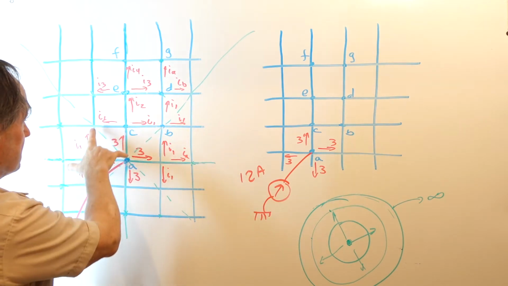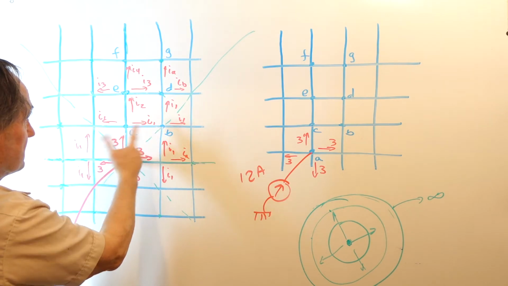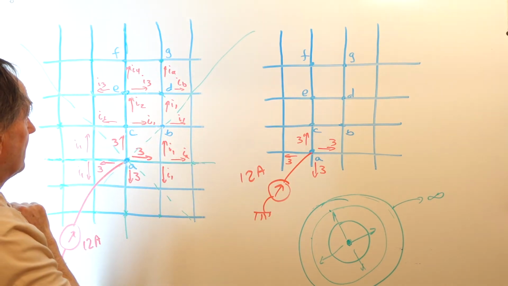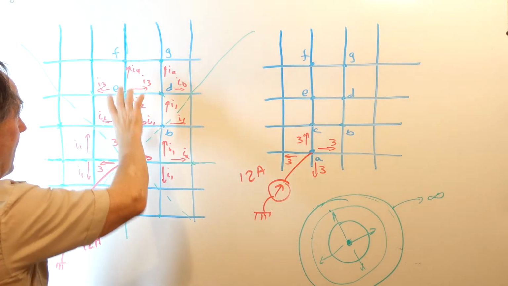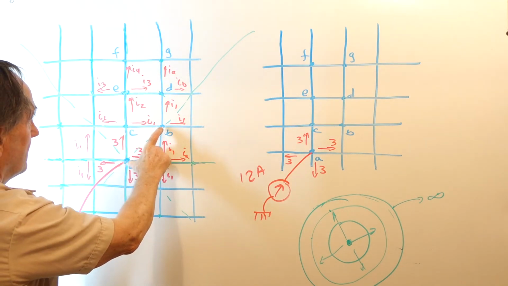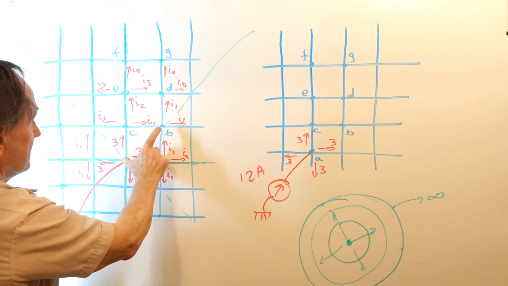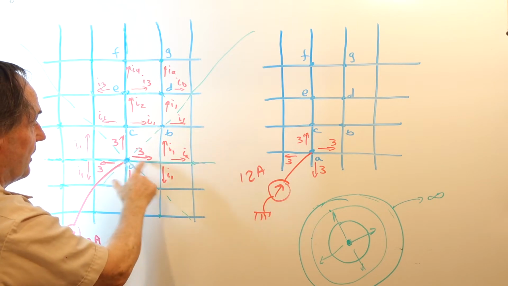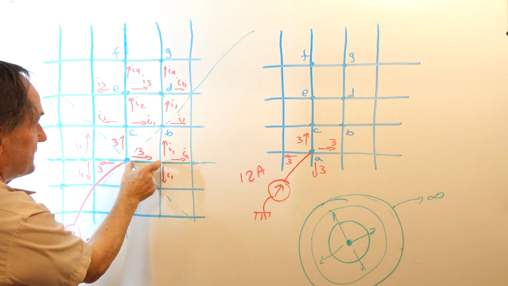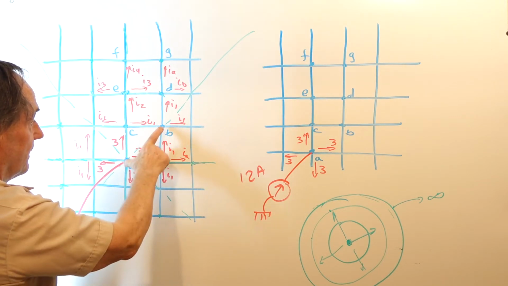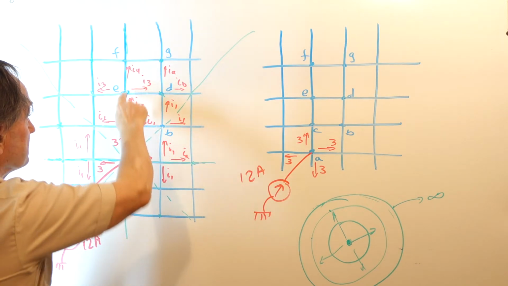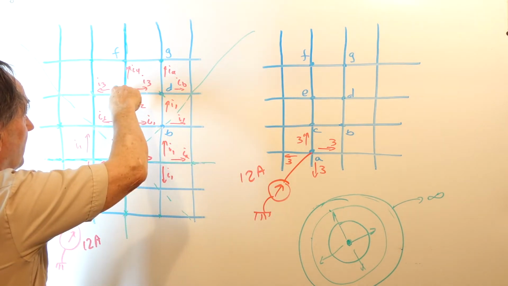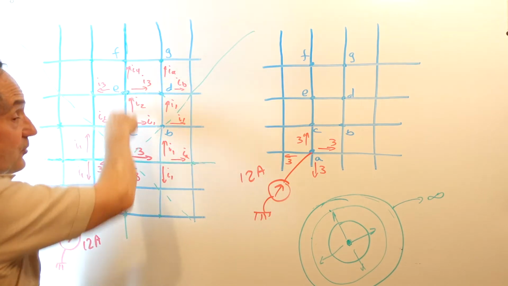They're the same radial distance from the injection point, but this node is not. The distance from A to B is square root of 2 times 1 grid line. That's the diagonal distance, whereas the distance from the injection point up to here is 2 grid lines.